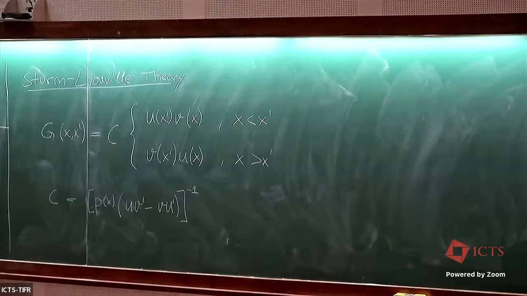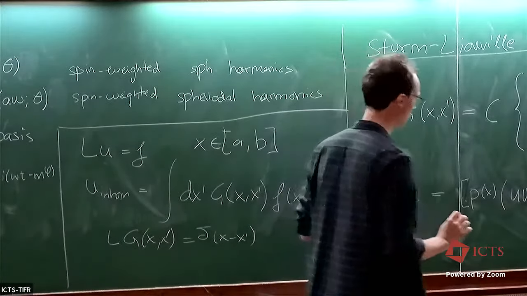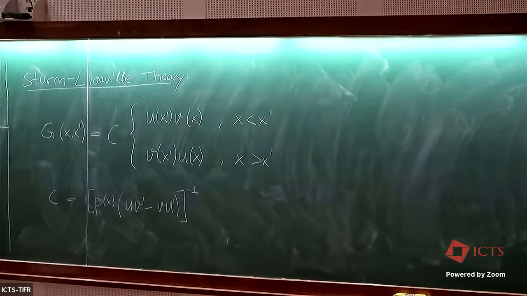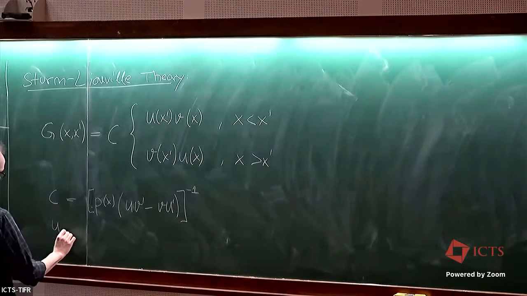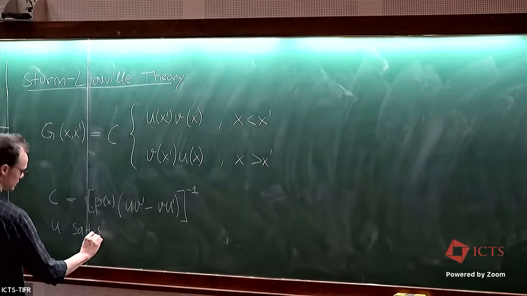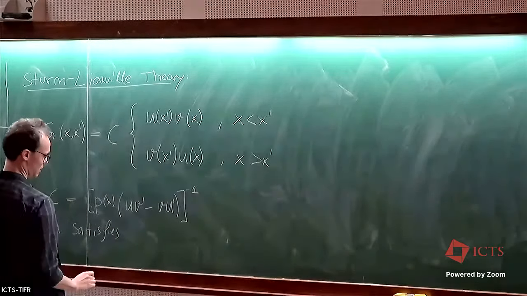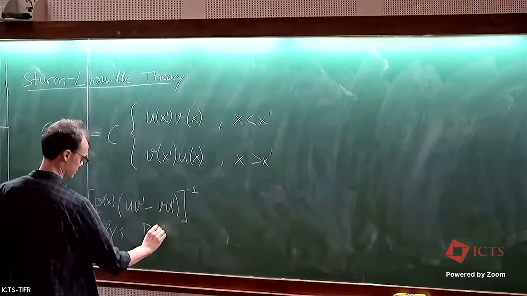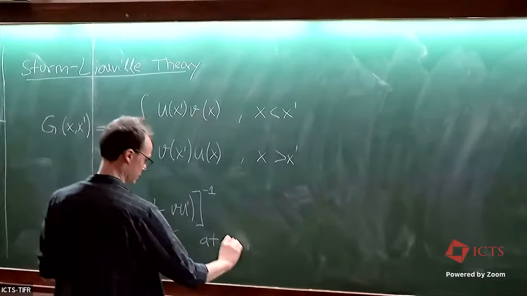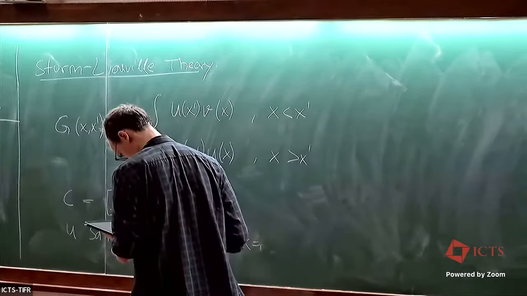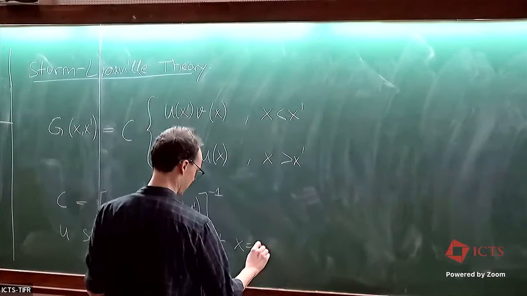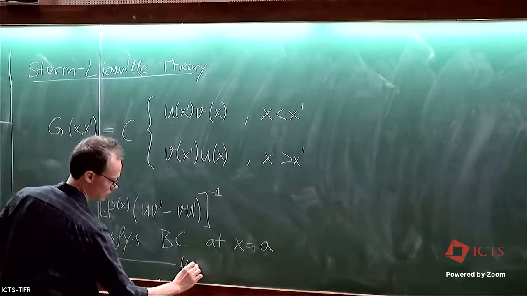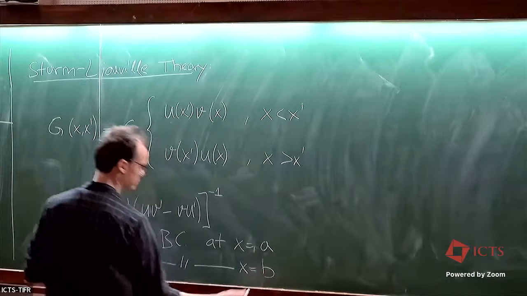And then you can construct a U and a V, where the U satisfies the boundary conditions at x equal to A, and then V at x equal to B. Okay?